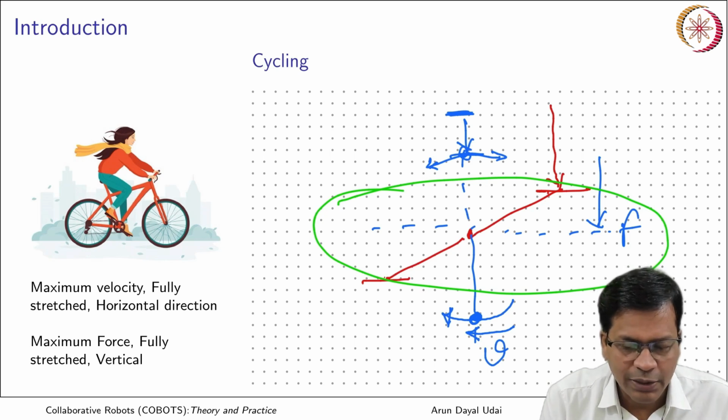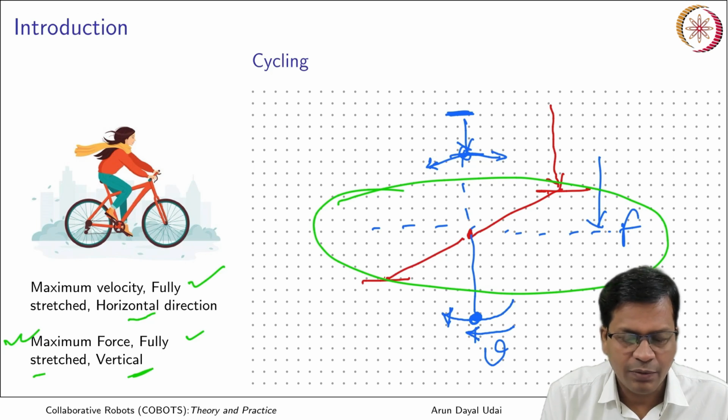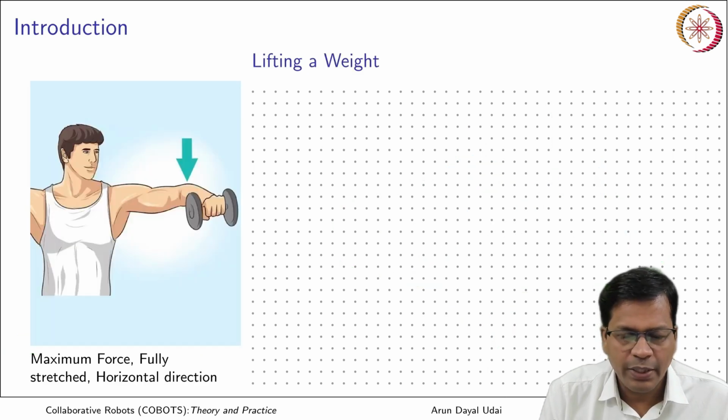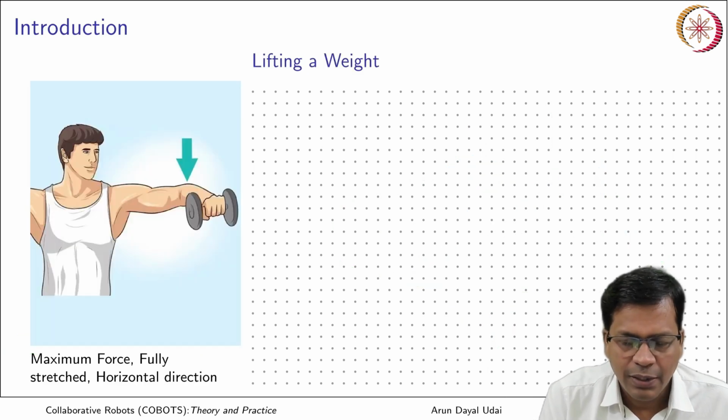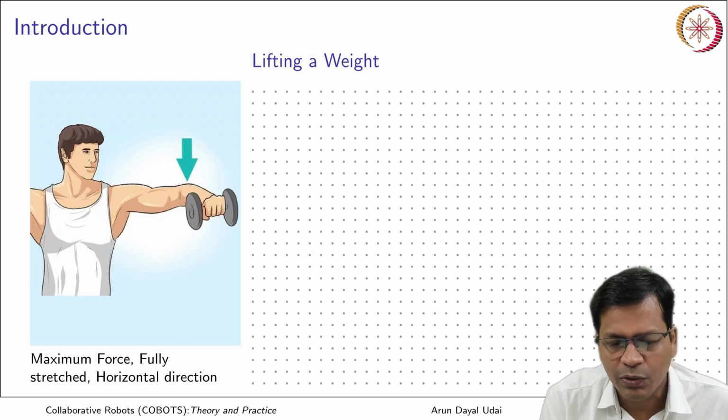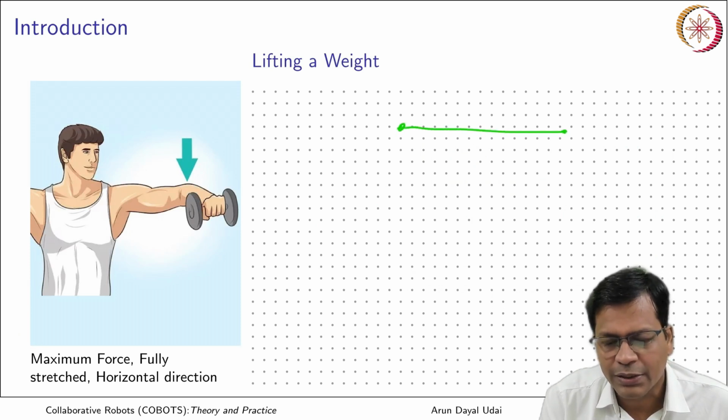So maximum velocity is in the fully stretched condition, in the horizontal direction. Maximum force is in the vertical direction. So you have two cases, maximum velocity and maximum force. In the second case, lifting a weight, you don't lift it keeping your arm fully stretched.